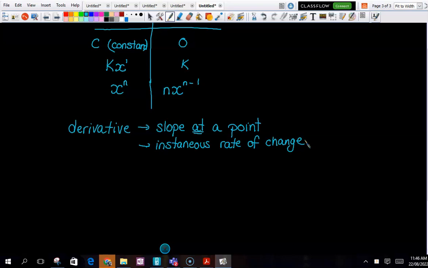That's what we had before, or the average rate of change, that was between 2 points. But now we're going at a specific point. That's what we call the derivative. Slope at a point, instantaneous rate of change.